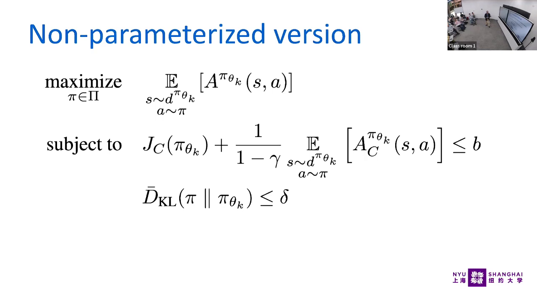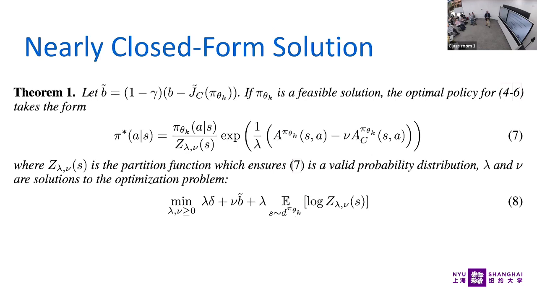We have this one theorem that the optimal solution to this non-parameterized problem has a nearly closed form solution. We can get this from optimization theory and duality theory. It takes this form, but it involves this kind of normalization constant. So it's not fully closed form, and we can't really just use this. One might think, maybe we can just use this policy now since it's the optimal policy.